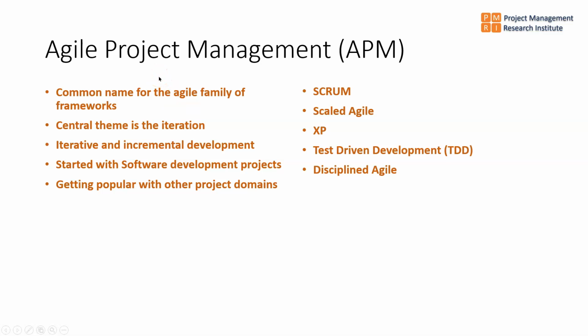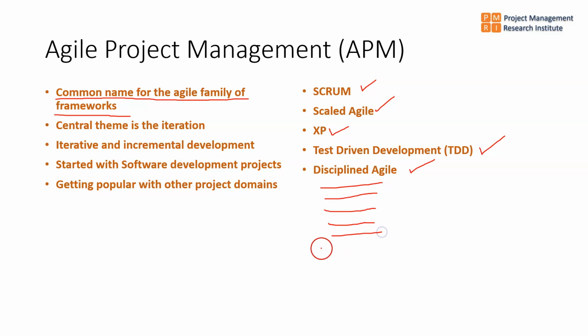Now, in the industry, people use the terms Agile and Scrum interchangeably. So this slide will give you absolute clarity on what is Agile Project Management. Agile Project Management is a common name for the Agile family of frameworks, because under the Agile family we have n number of frameworks like Scrum, Scaled Agile, Extreme Programming, Test-Driven Development, Disciplined Agile, and new things are getting released at least once in 6 months.